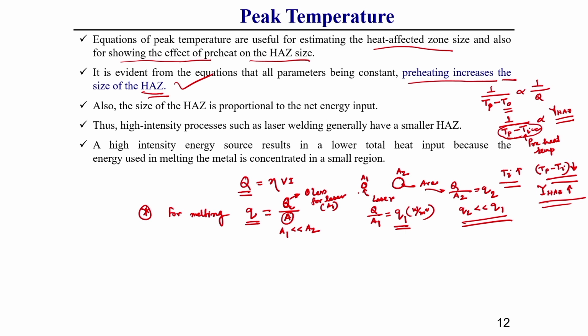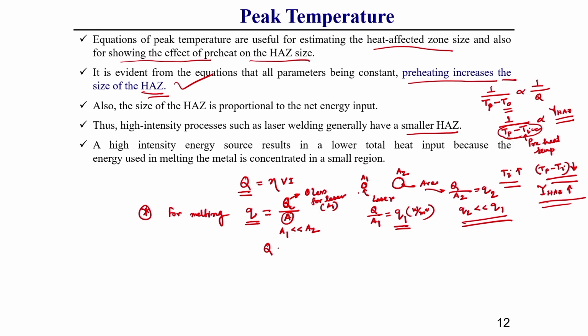So, that is why it is written, high intensity processes such as laser welding have a smaller heat affected zone. Why a smaller heat affected zone? Because the Q value in the laser welding case is less than in the arc welding case.